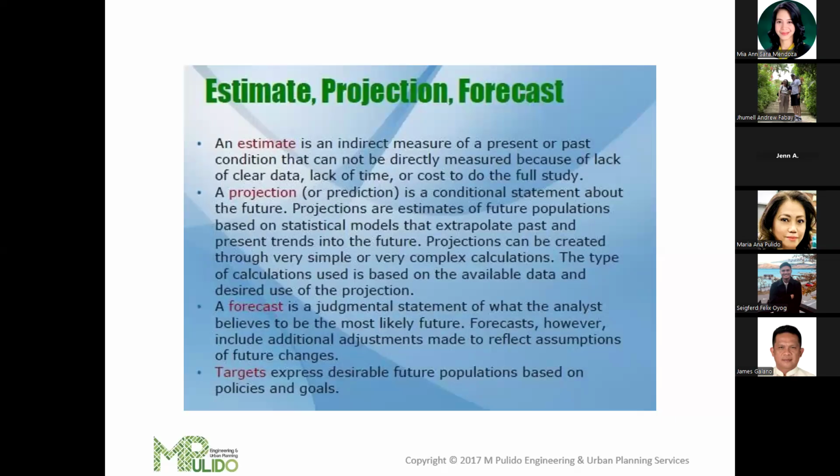So, an indirect measure. So, projection, prediction, forecast is a judgmental statement or something. So, tingnan na lang ninyo, no? Kasi siyempre, you get very overwhelmed of your readings. And so, understanding is really the best strategy here.